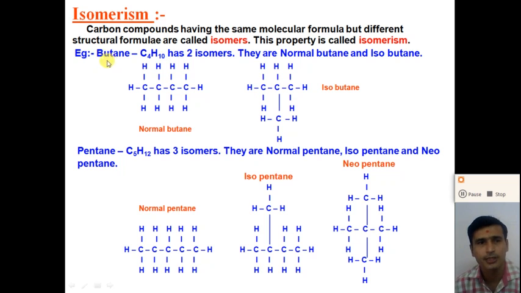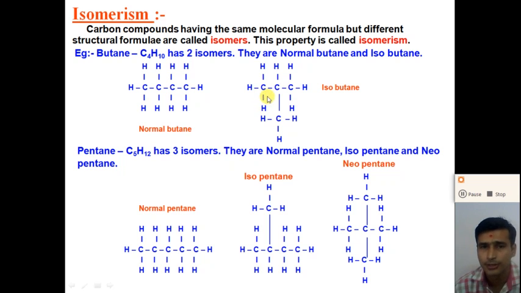For example, considering butane, the molecular formula of butane is C4H10, and it has two isomers: normal butane and isobutane. If the 4 carbon atoms are joined in a chain, a linear structure, and all the hydrogen atoms are joined by covalent bonds with the carbon atoms, this type of butane is called normal butane.